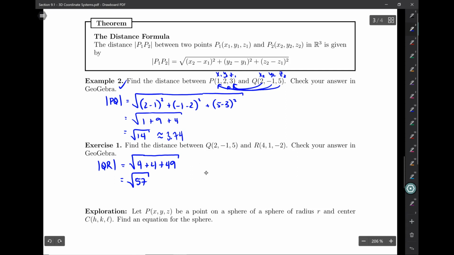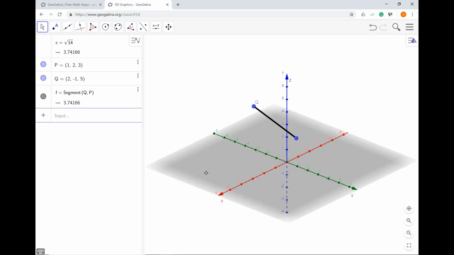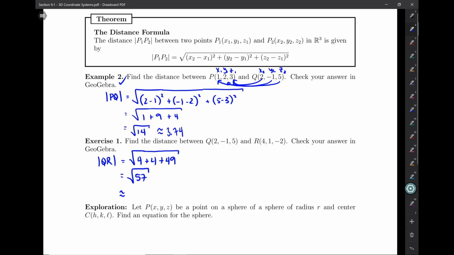Well, 3 times 20 is 60, so 3 times 19 would be 57. So no, it doesn't have any perfect square factors. And we get about square root 57. It's about 7 point, I feel comfortable rounding that to 7.55.